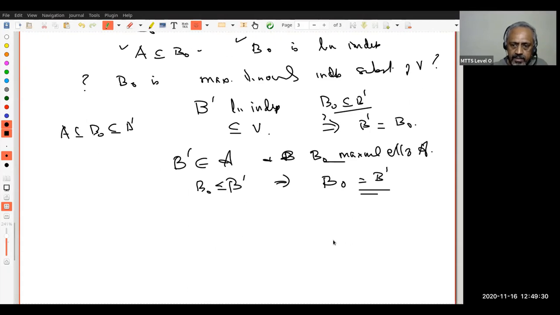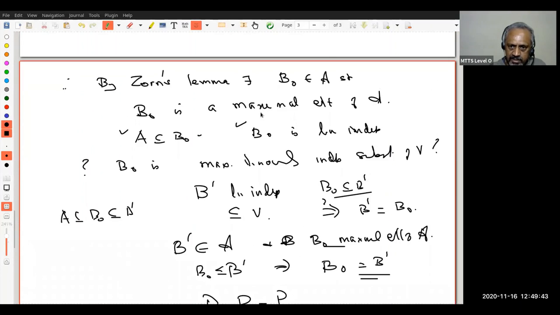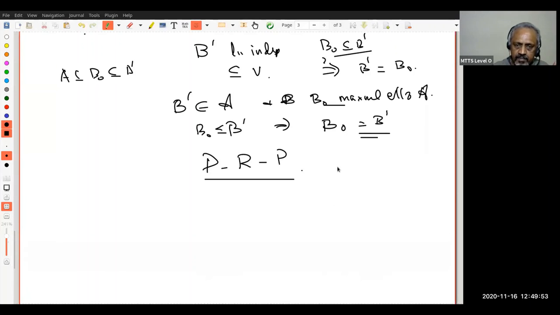Do you follow that? Please pause, review, and proceed. The only thing you should understand is why I have to prove B naught is a maximal linearly independent set. Many students will believe that just because it's a maximal element of A and it's linearly independent, you can conclude it's a maximal linearly independent subset of V. But you cannot. That proof is easy.